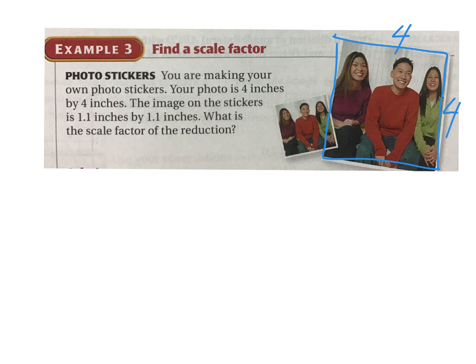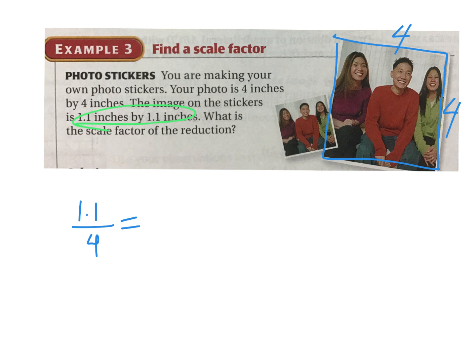Okay, so how would you find scale factor? You're going to take the ratio, right? So we're going to take the side length of the sticker compared to the original. The sticker is 1.1 and the original is 4.